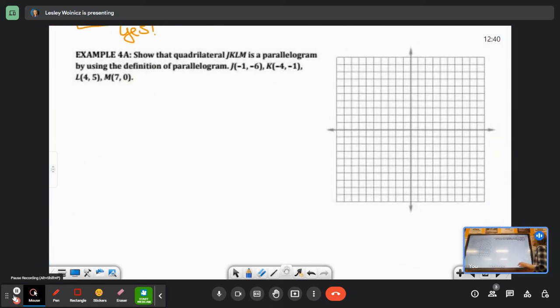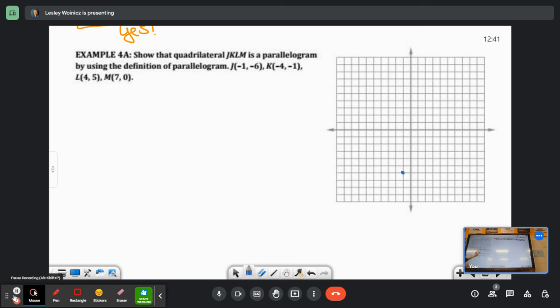We have to show that quadrilateral JKLM is a parallelogram by using the definition of a parallelogram. So we need to plot these points. -1, -6. 1, 2, 3, 4, 5, 6. -4, -1.